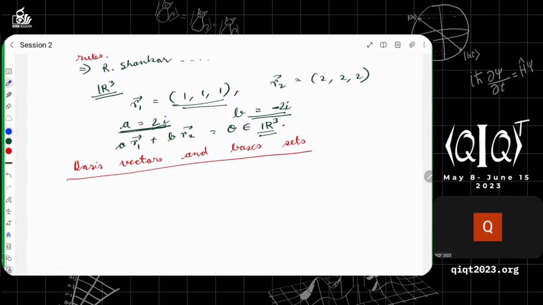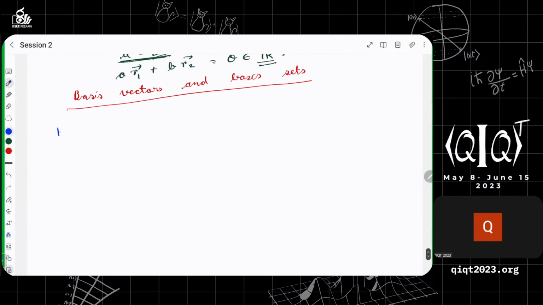Let's look at R3 only, and let's go back to our bracket notations, even in R3, just so that we don't forget. So we have this X, Y, Z coordinates, and these are the unit vectors, so basically X, Y, and Z have norms 1.